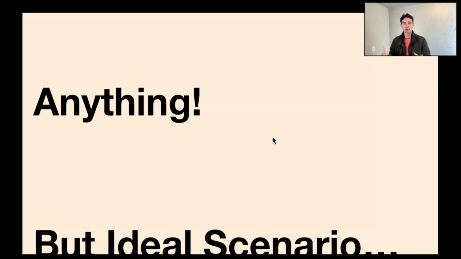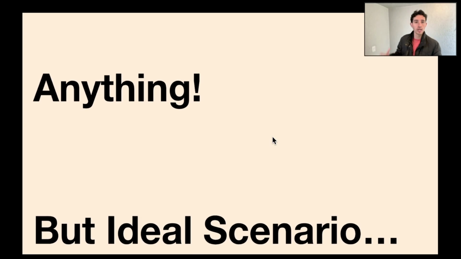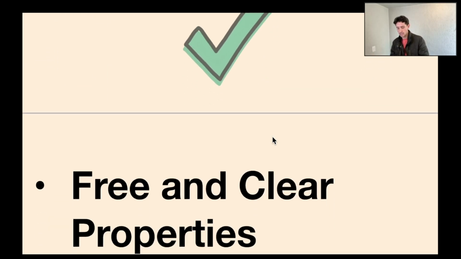Now, when it comes to real estate, there is also an ideal scenario, or properties that you want to go after, or filters that you want to use, or another way to call it, a seller situation that you want to go after. So let's get right into it.